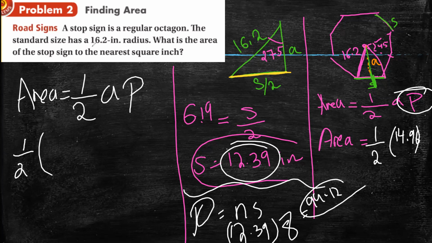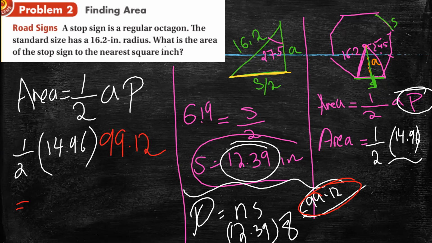It is 14.96 times the perimeter, which is 99.12. So the standard area for the stop sign is 99.12 times 14.96 divided by 2. So the standard area is 741.4 inch squared.